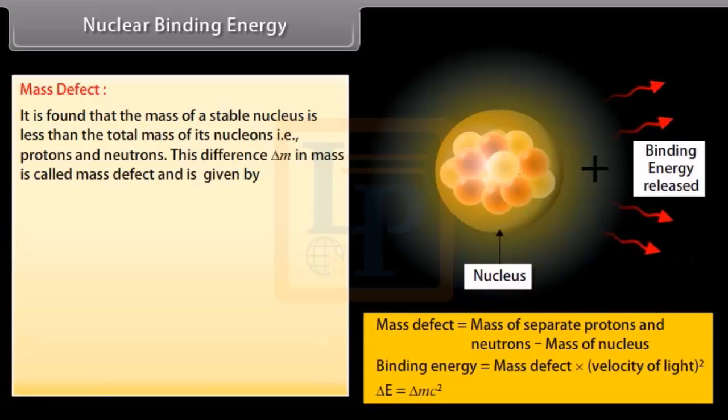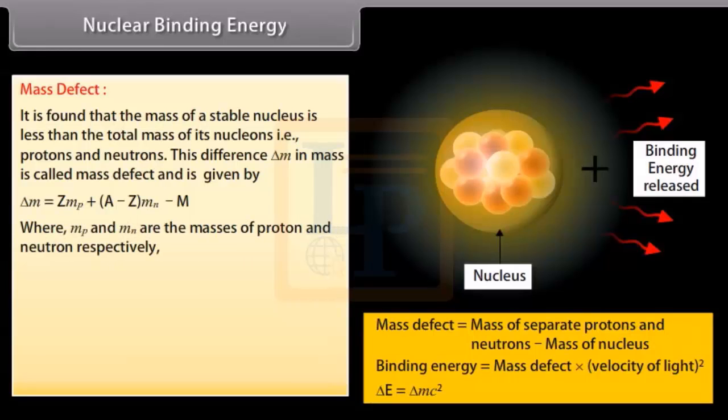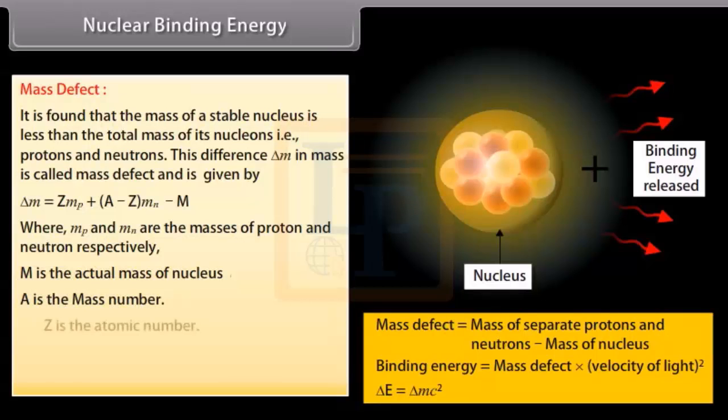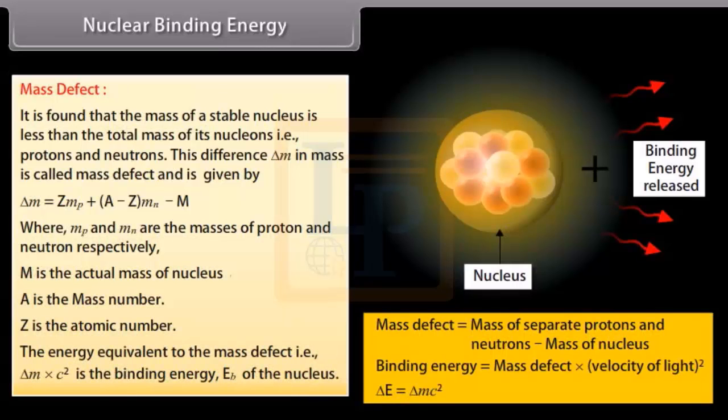This difference Δm in mass is called mass defect and is given by Δm = [Zmp + (A − Z)mn] − M, where mp and mn are the masses of proton and neutron respectively, M is the actual mass of nucleus, A is the mass number, Z is the atomic number. The energy equivalent to the mass defect, that is Δm c², is the binding energy, EB, of the nucleus.